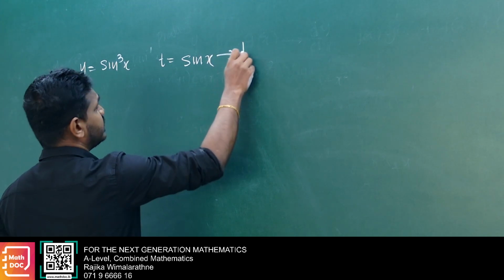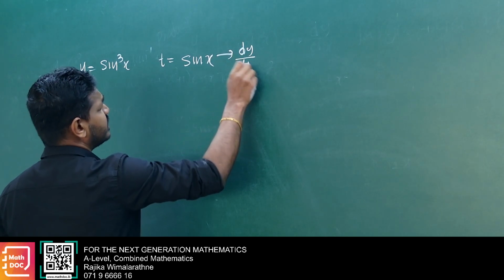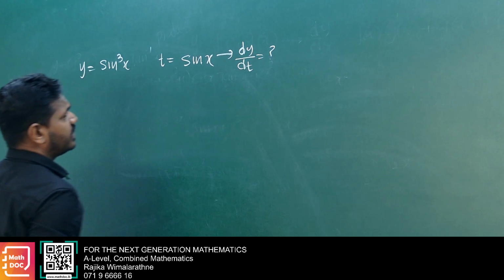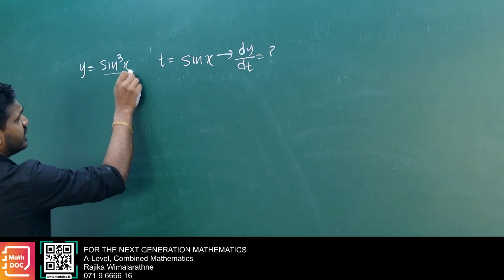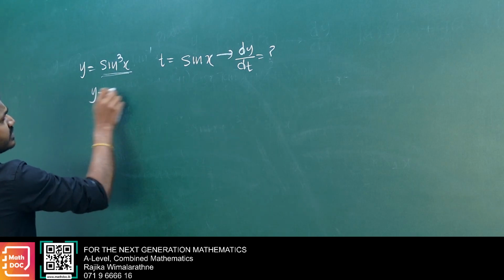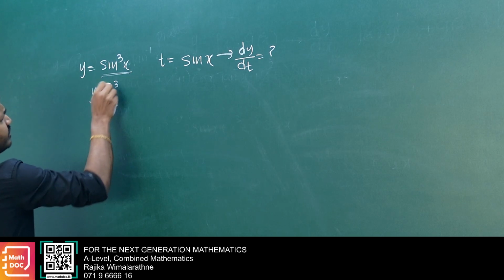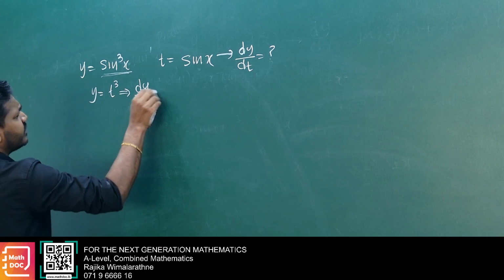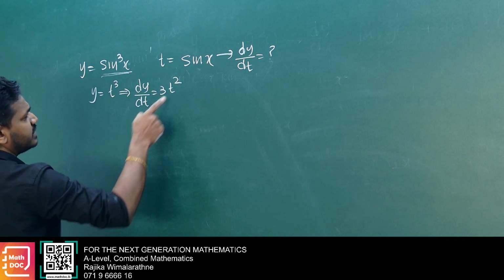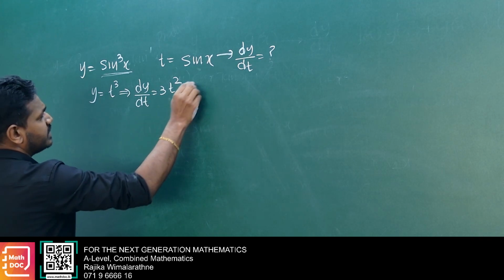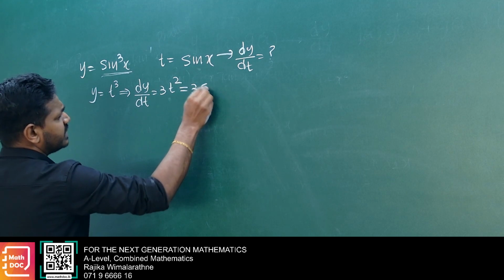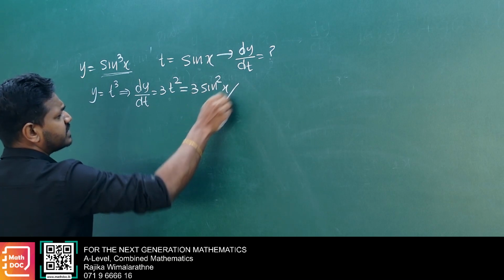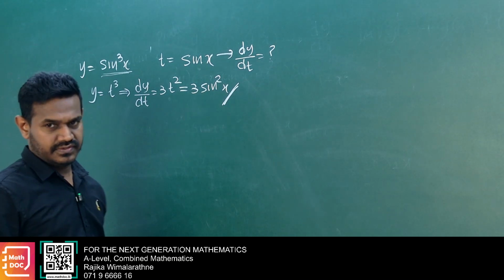Here you need dy by dt. Now I can write it in terms of t: sin x means t, so y equals t cube. Then dy by dt equals 3t squared. Finally replace t: t means sin x, so 3 sin squared x.